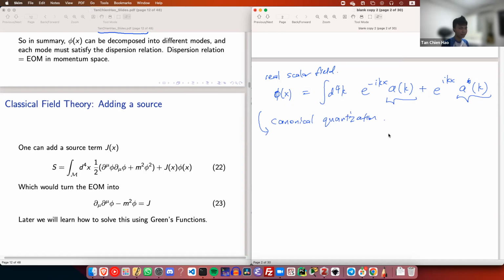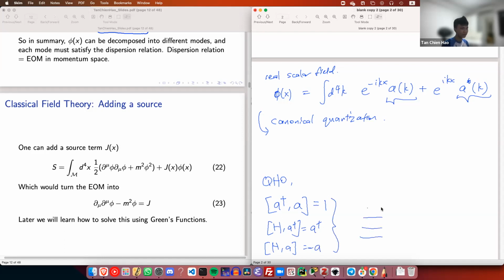Like in the quantum harmonic oscillator, the QHO, we have the raising and lowering operators, and they have a commutation relation. One can show that when you commute with the energy, you get minus A.